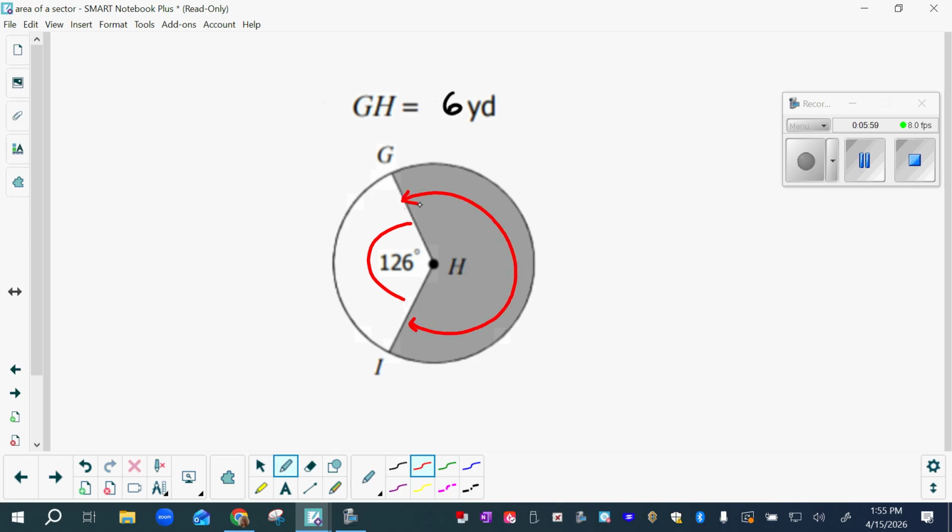So can you tell me how much, or turn to your neighbor and tell them how much pizza you ate? Yeah, you're just gonna take the 360 and then subtract out what you didn't eat, right? I had 360 pieces. I didn't eat 126 of them. So that means I have 234 left.